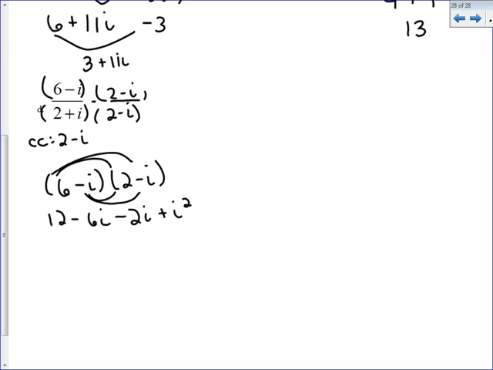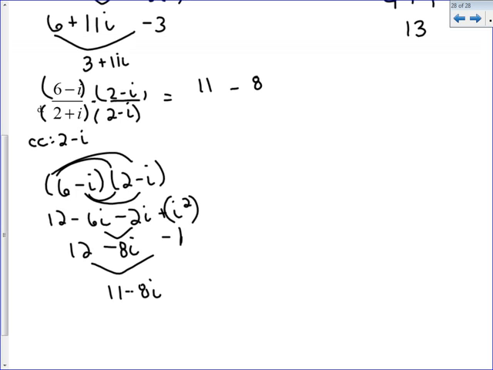So I replaced the regular i squared with a negative 1. If you put plus a negative 1, it's mathematically the same thing. The middle two make a negative 8i, so I'm looking at 12 minus 8i minus 1, which is 11 minus 8i. Real half first, imaginary half second.